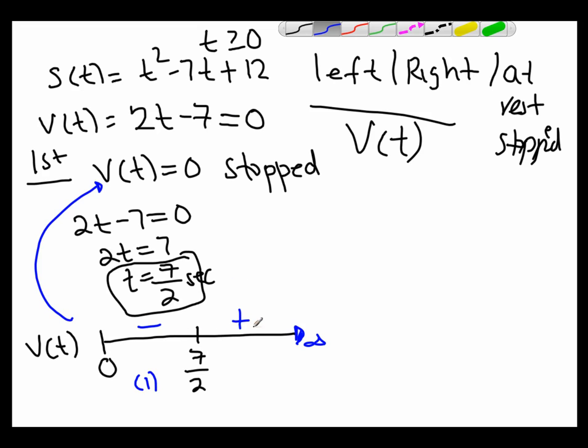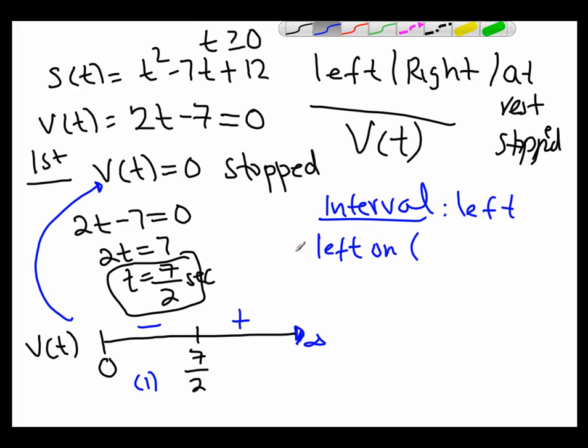So now you know that this sign tells you something, because when velocity is positive, it moves to the right, up, forward; negative means left, down, backwards. So in this case, I want to know the interval when it moves to the left. Make sure you say the particle moves to the left on the interval from 0 to 7/2.